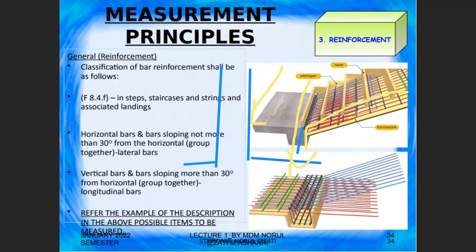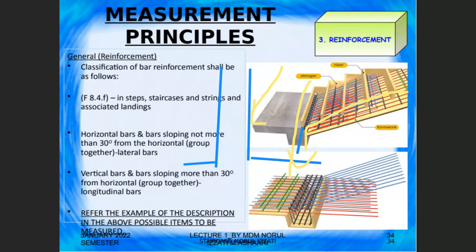Same goes for the bar reinforcement inside the staircase. If there are bars reinforcement connected from the staircase going inside the landing slab or landing beam, you have to measure together under one item. But then you have to check in the drawing whether this one falls under landing slab or landing beam or the staircase. That is the most important.